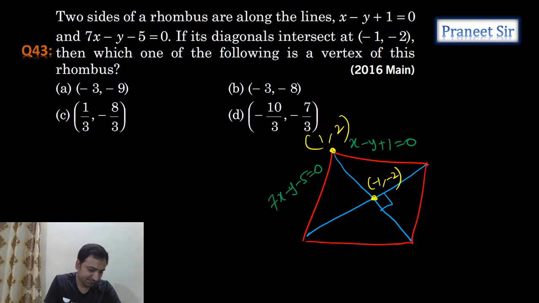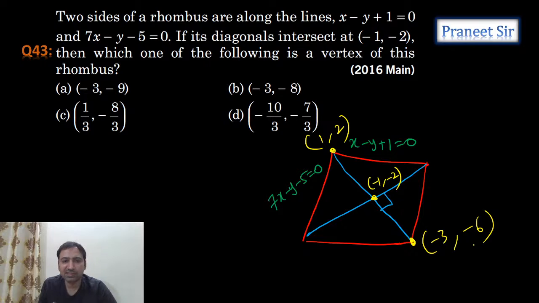Now, can I calculate this other point? Diagonals bisect each other, so can we calculate this point? Is it minus 3 comma minus 6? Is it there in the options? No, it is not there. Okay, no problem.